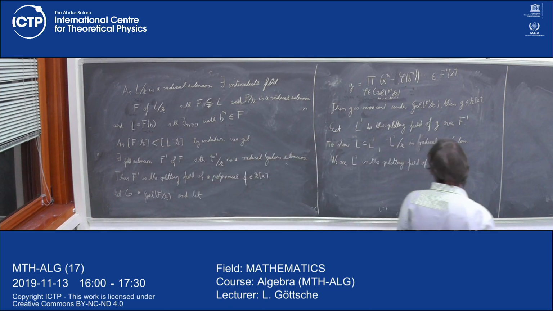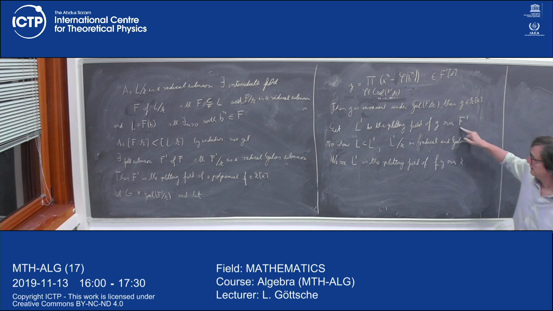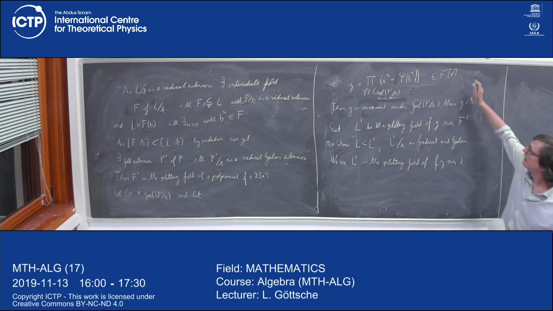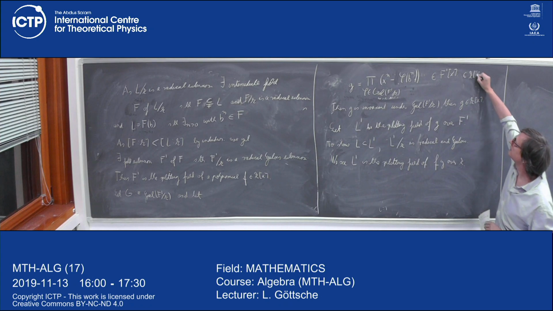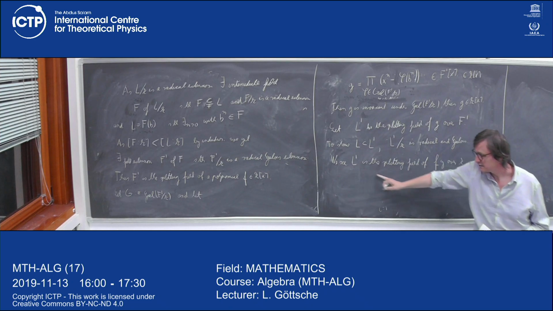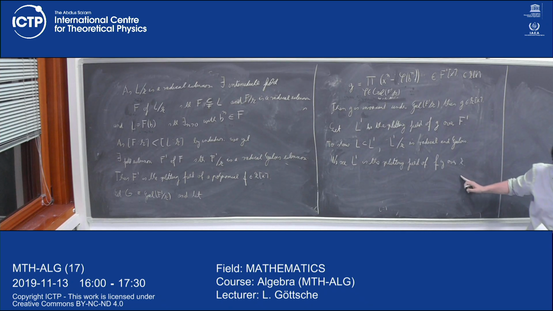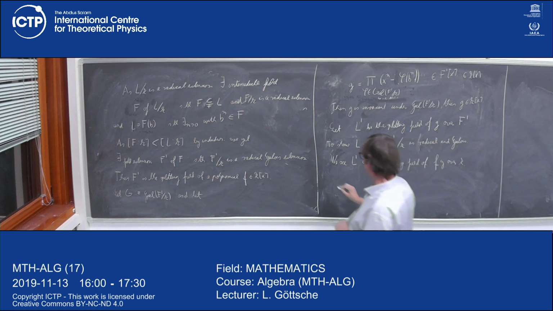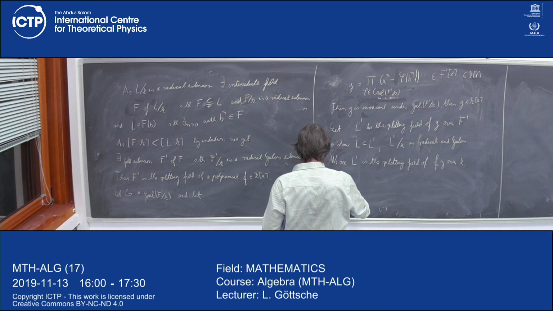And now I take over this f prime, I take the splitting field of another polynomial whose coefficients are also in kx. And I claim it follows almost immediately from the definition that then L prime is the splitting field of their product. So for the moment I write it as an exercise.